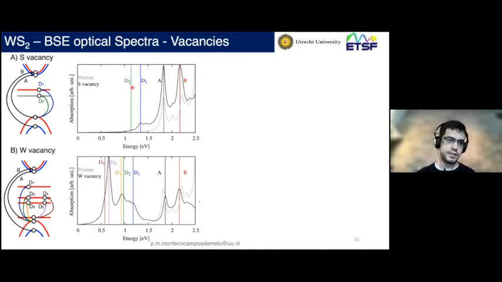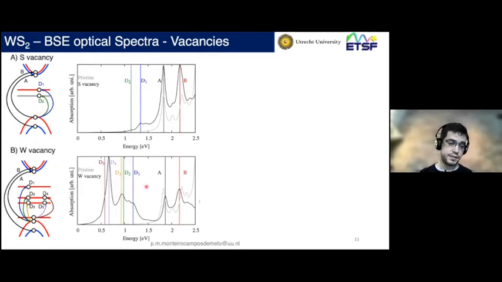So in the case of the S vacancy, you get two new states thanks to this transition. Here, the D2 state is much lower in intensity thanks to the fact that this state is much less polarized in spin, so the transition matrix element is much lower.